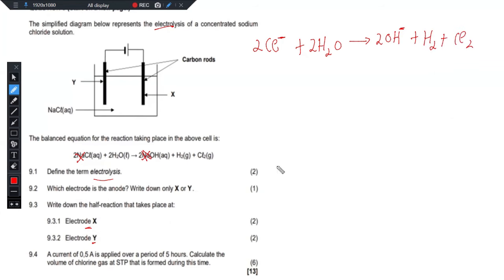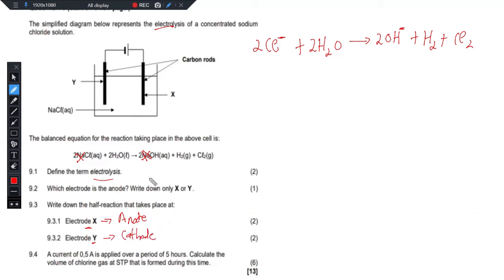If we remove the spectator ions there, sodium, that means sodium has nothing to do with this reaction here. What we are simply looking at is the Cl minus here, and then also the H2O. Now at this point, it says write down the half reaction that takes place at electrode X. We have identified that electrode X is an anode. So that means electrode Y is a cathode.